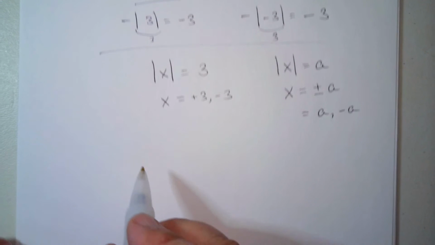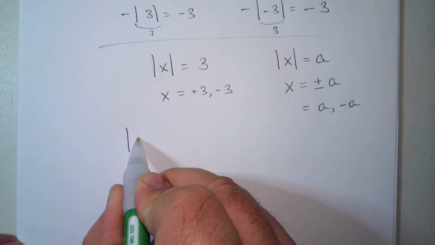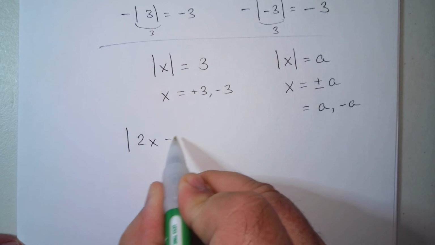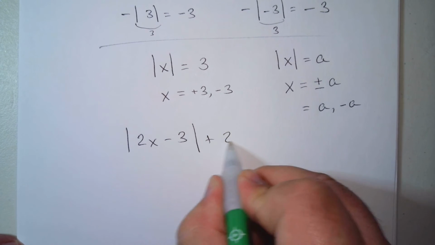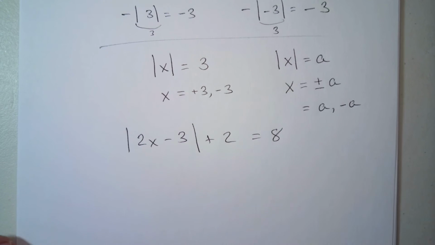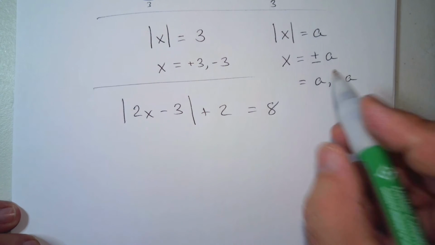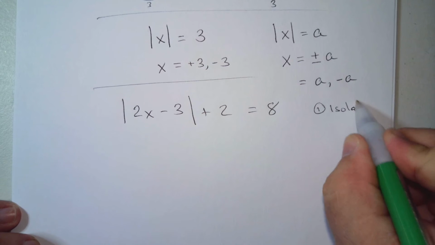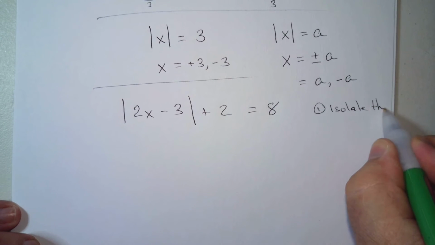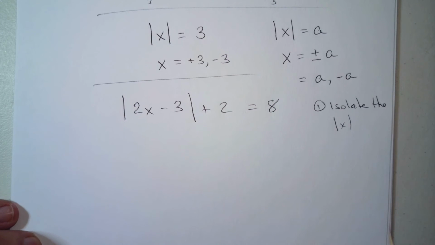So, for example, let's look at an example. Absolute value of 2x minus 3, plus 2 equals 8. So, again, as always, we have to isolate the absolute value sign.